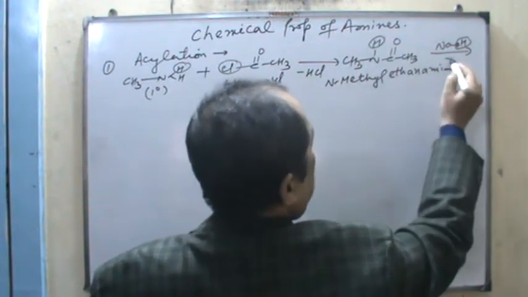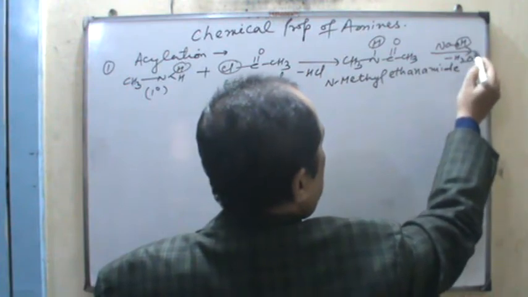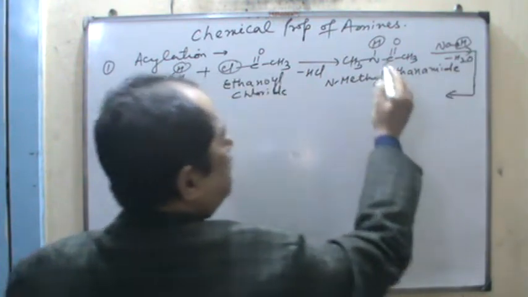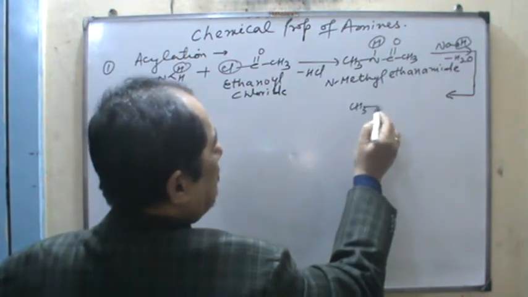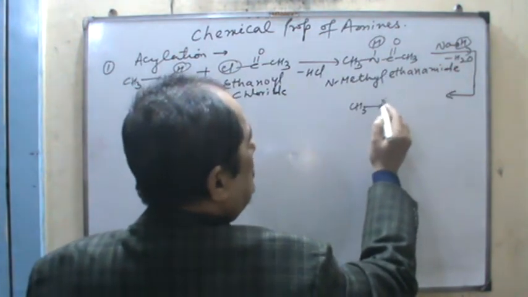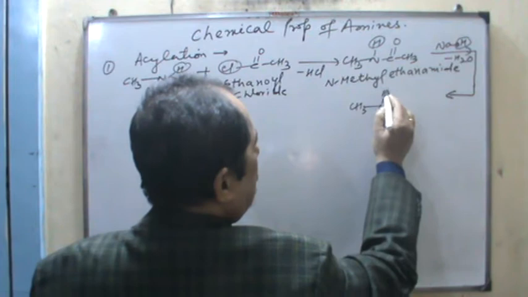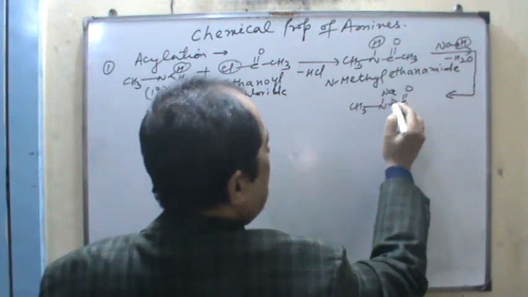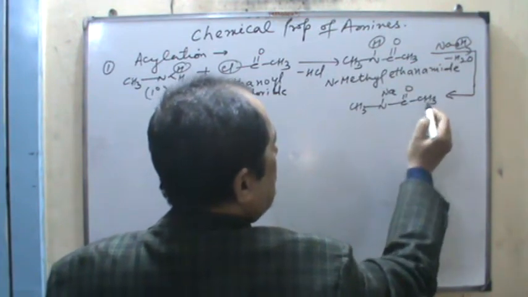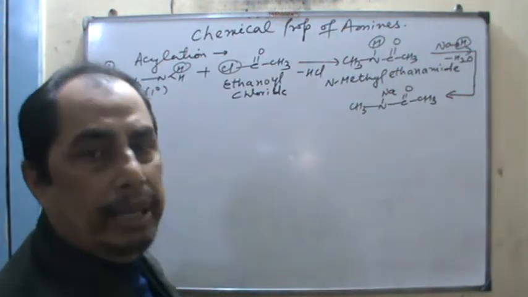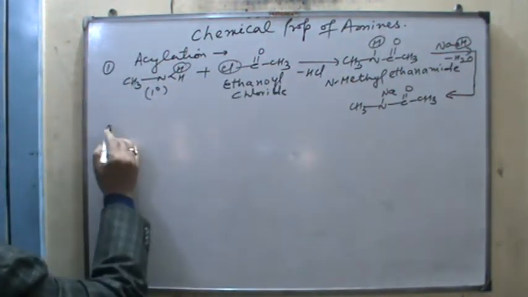OH plus H, water is lost and it forms N-sodium or potassium, N-methyl N-sodium acetamide or ethanamide. This is for 1 degree reaction.